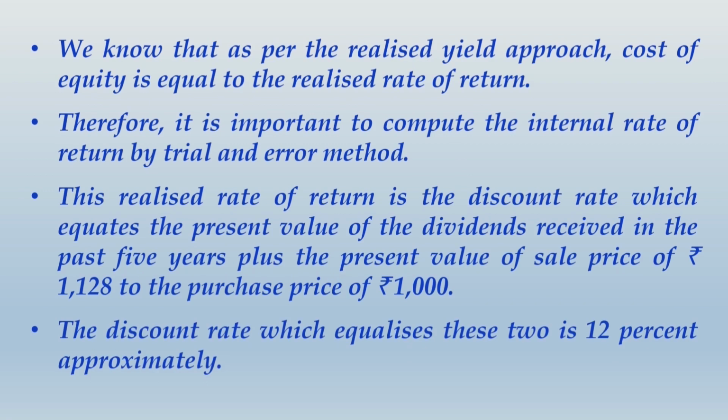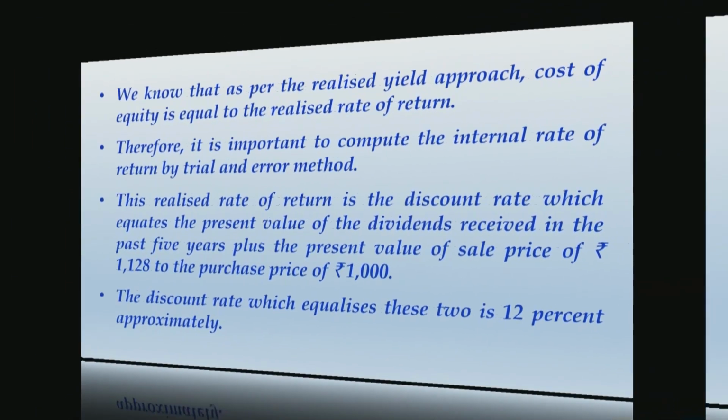The discount rate which equalizes these two is 12% approximately. So on your calculators you would have attempted the calculation and you would have worked out that 12% is the approximate IRR. Let us move ahead and observe the solution further.